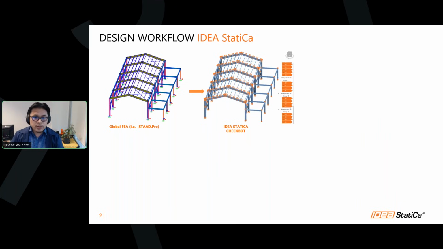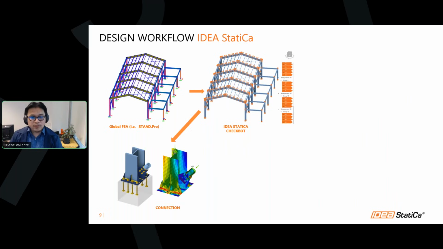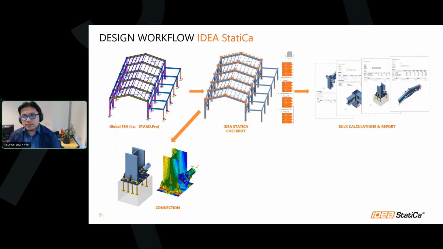And once we have imported our model to Checkbot, we're going to open it and design the connections using the connection application. In the connection application, this is where we open our joints and apply manufacturing operations. Once we did that, we can also do the calculations.